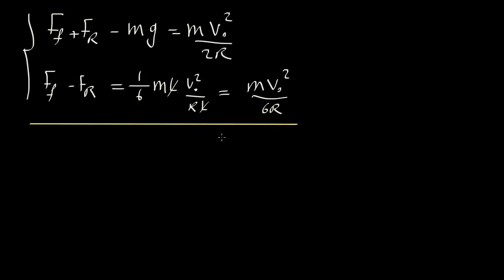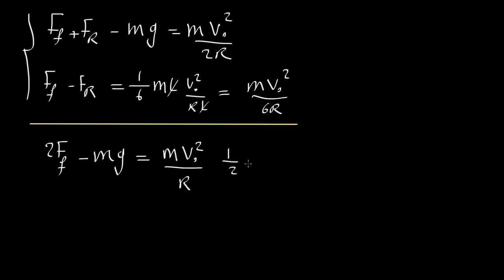So if I sum up these equations with each other, here f of r will cancel out with minus f of r, so we get 2 f of f minus mg. We had a minus mg over there. And here this would be m v naught squared over r times 1 over 2 plus 1 over 6.